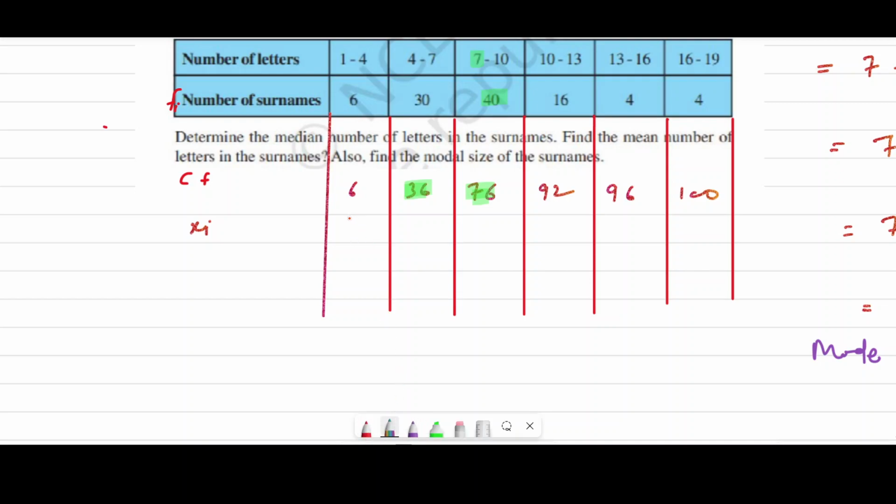Now here, the mid values of 1 and 4, what will be the mid value?